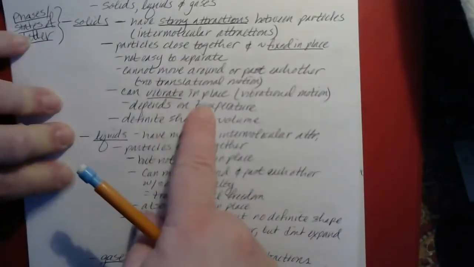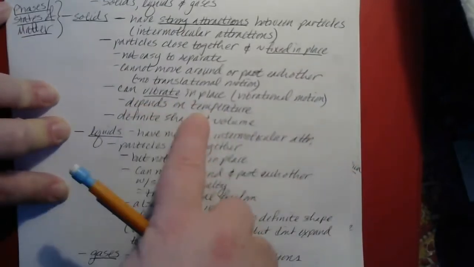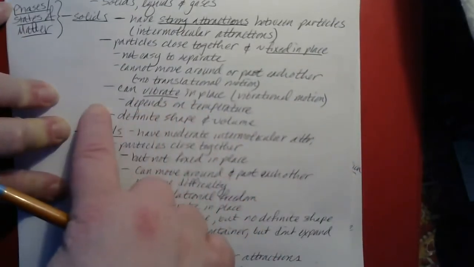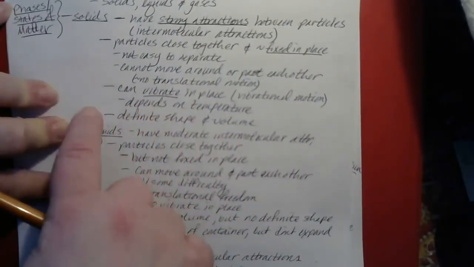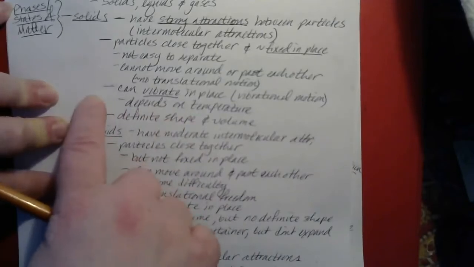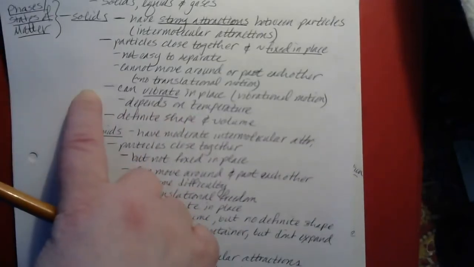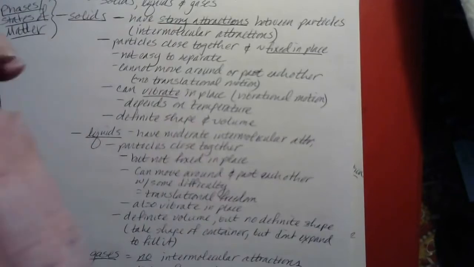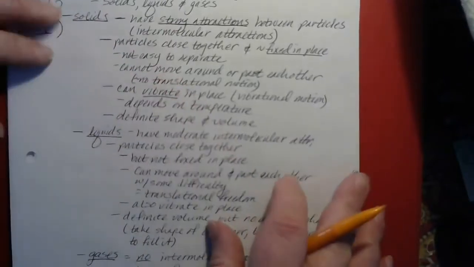It looks like the paper here, which is a solid, obviously, is sitting perfectly still. But in reality, on a very tiny scale that we can't see at all, the atoms or molecules that make the paper up are actually vibrating in space, even though they're fixed next to each other. They can't move around and past one another, but they can vibrate in place.